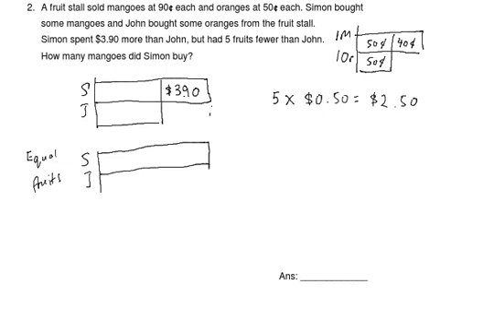The amount Simon paid will still be the same. But the amount that John paid, now is it more or less or still the same? I am removing 5 fruits that John bought. So, do you think that the model for John will be the same length, or will it be shorter, or will it be longer? Shorter.